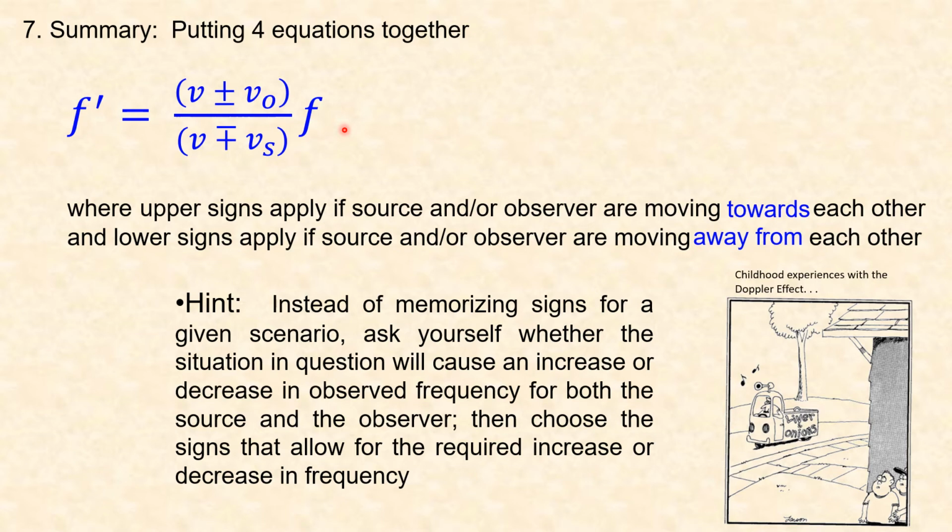Instead of memorizing the signs for a given scenario, because there are lots of scenarios, ask yourself whether the situation you're confronted with in your problem will cause an increase or a decrease in the observed frequency for both the source and the observer. You can then choose the signs that will allow for the required increase or decrease in frequency. This means ultimately there's going to be a lot less memorization, and we'll take a look in the next few slides at how to apply this equation.